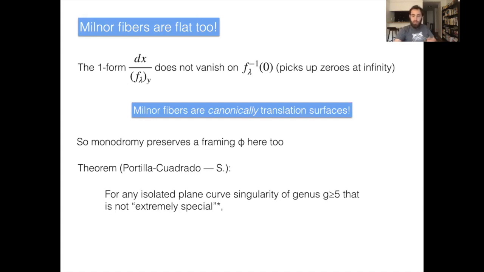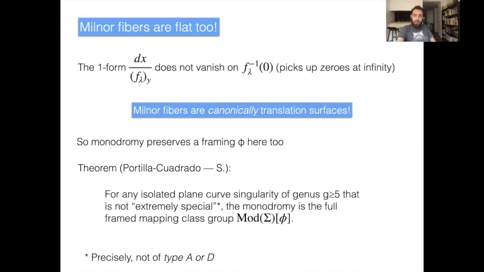By the way, isolated plane curve singularity simply means that the critical point where the partial derivatives f_x and f_y vanish is just at the single point at the origin and not on some one-dimensional set. For an isolated plane curve singularity that is not extremely special, and for the experts in singularity theory, there's exactly 2 classes of singularities for which this theorem does not apply. These are of type A or type D, and this is exactly the hyperelliptic setting.